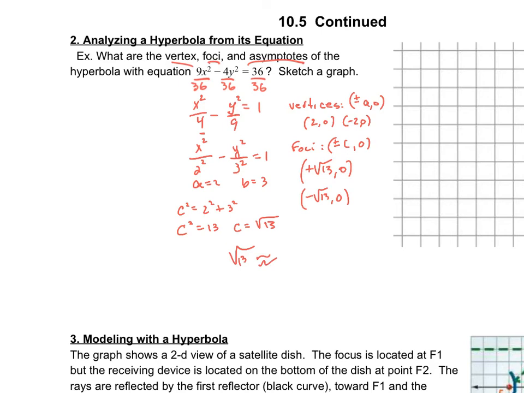The square root of 13 is approximately 3.6. My asymptotes are going to be y equals plus or minus b over a x, or y equals 3/2 x, or y equals negative 3/2 x.